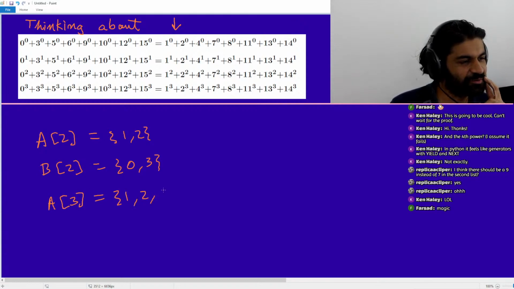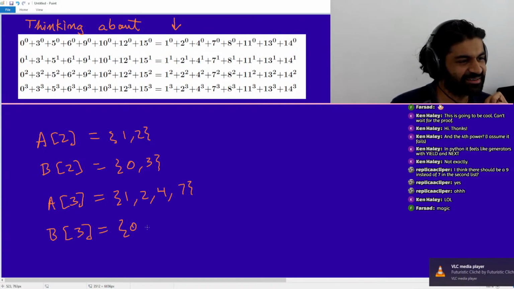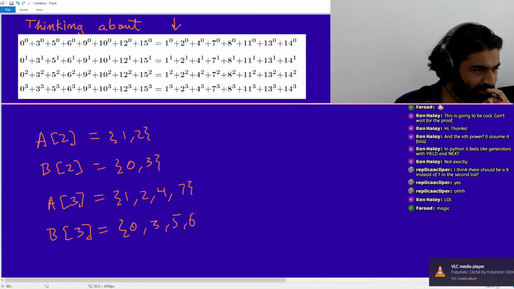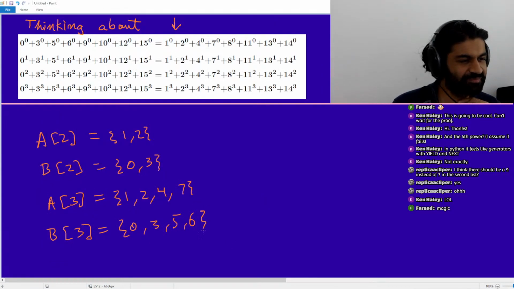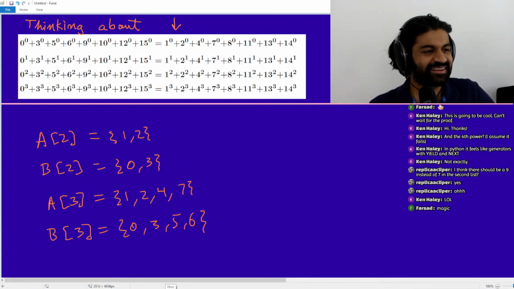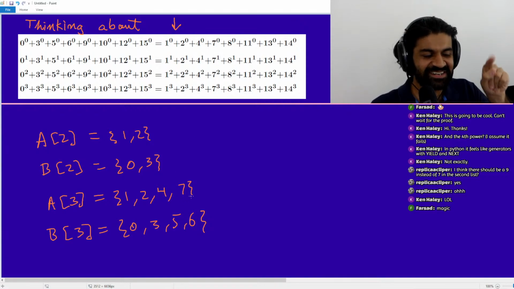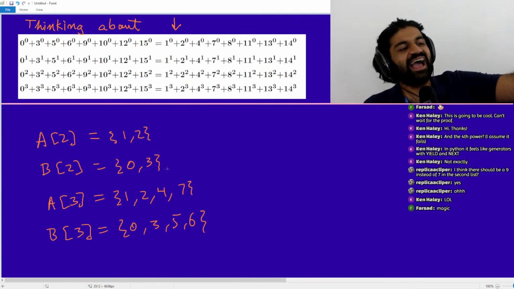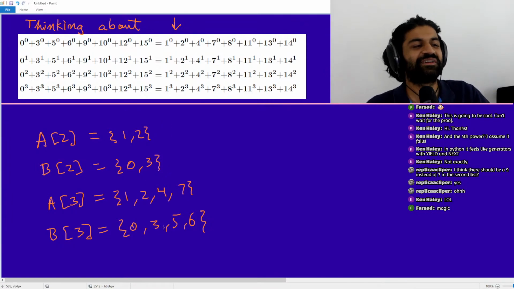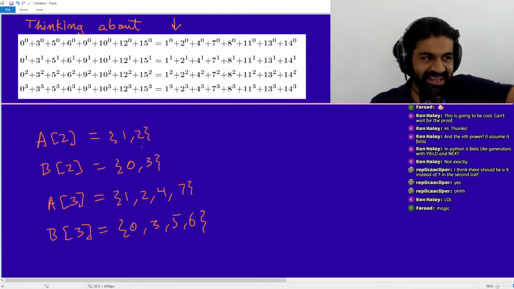1, 2, 4, 7. B3 is 0, 3, 5, 6. Wait, what did I write? 0, 3, yeah, 0, 3, 5, 6. Do you notice anything interesting here? Look at how A3 and B3 can be obtained from A2 and B2.